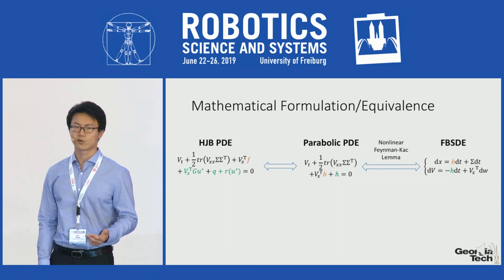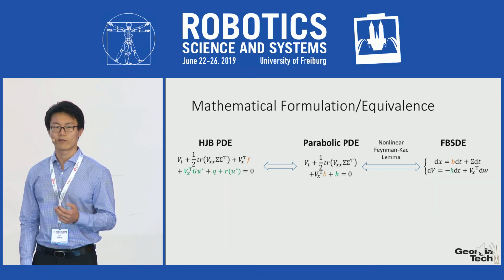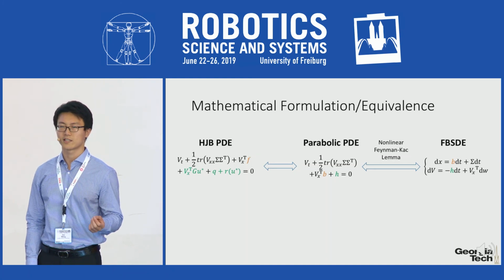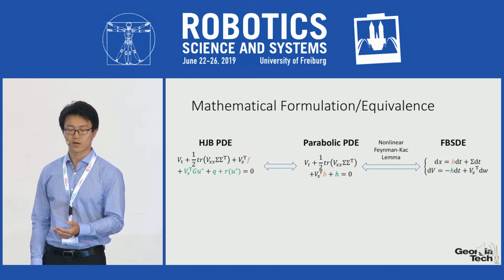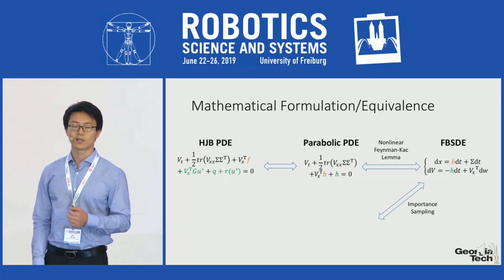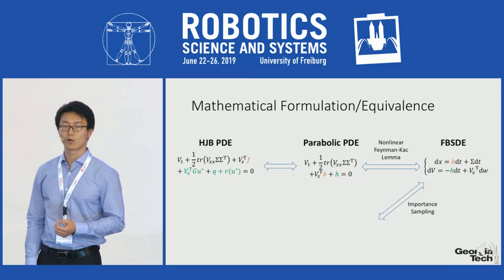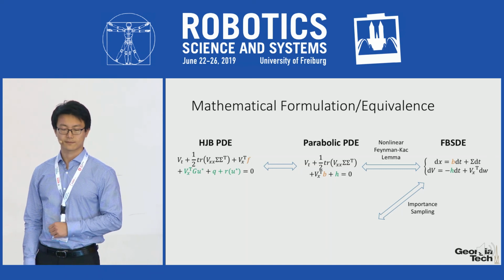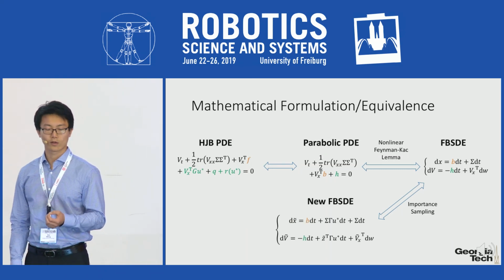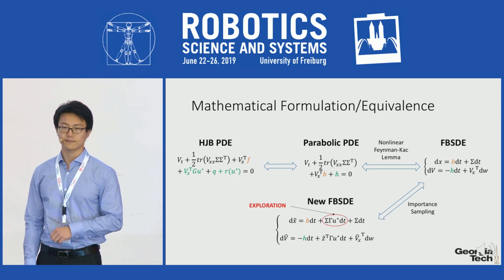In most control tasks, the target state is simply very hard to reach with uncontrolled dynamics. So this calls for some form of importance sampling to guide the forward sampling process for the FBSDE system. We can do so by applying the optimal control back into the forward process. But note that this has to be compensated for accordingly in the backward process.